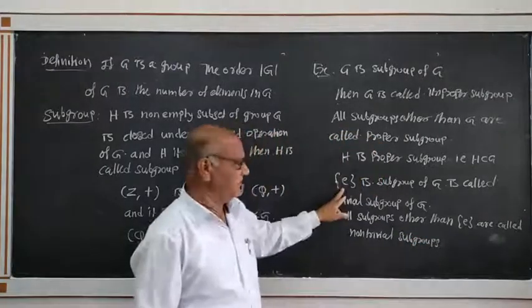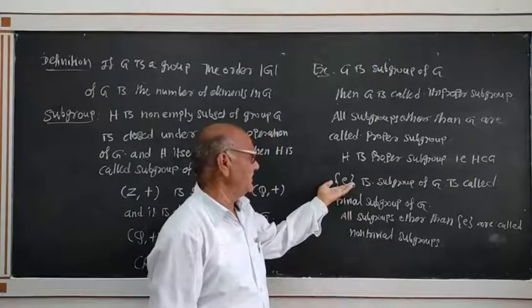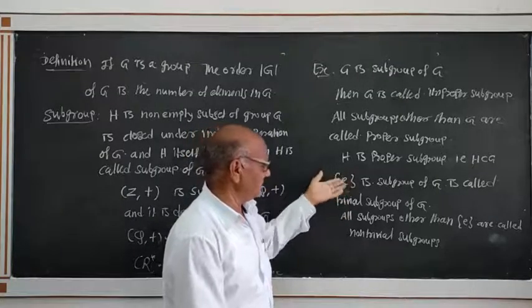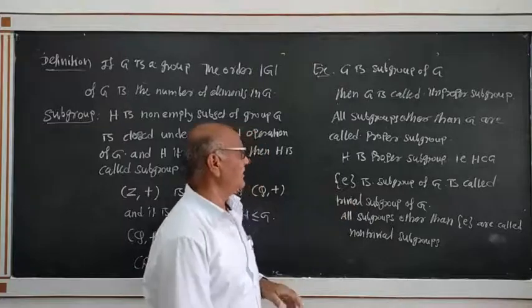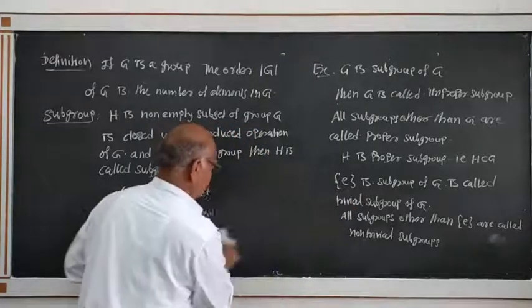So the singleton E is also a subgroup, and this is called trivial, and the other subgroups are called non-trivial subgroups.